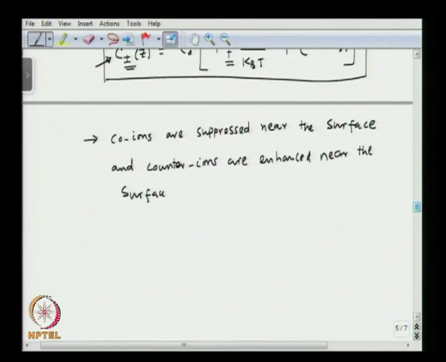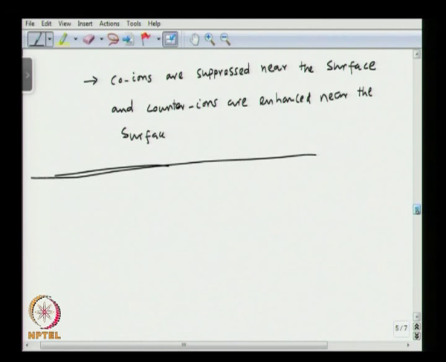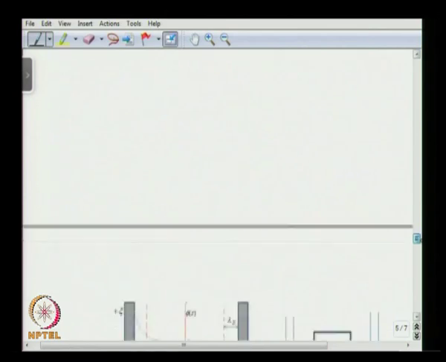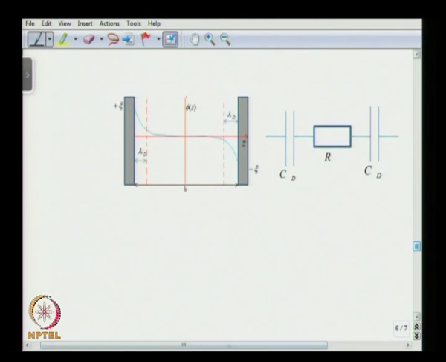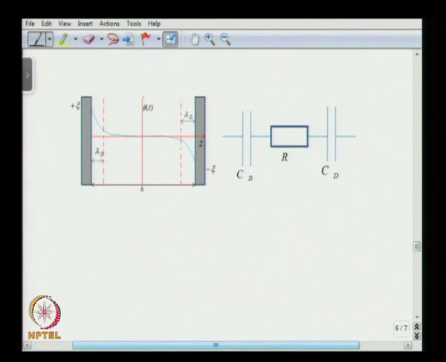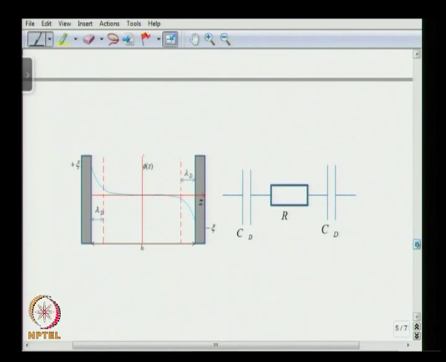As we understand, the Debye layer stores some charges, because of which a capacitance develops across the Debye layer, and we try to see what the value of this capacitance is. So let us talk about Debye layer capacitance. This is shown pictorially here.